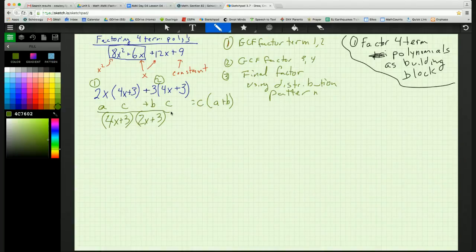And we're done. That's our factoring. So again, we factored our first two terms, we factored our second two terms, and then we got to here, and then we factored this guy.